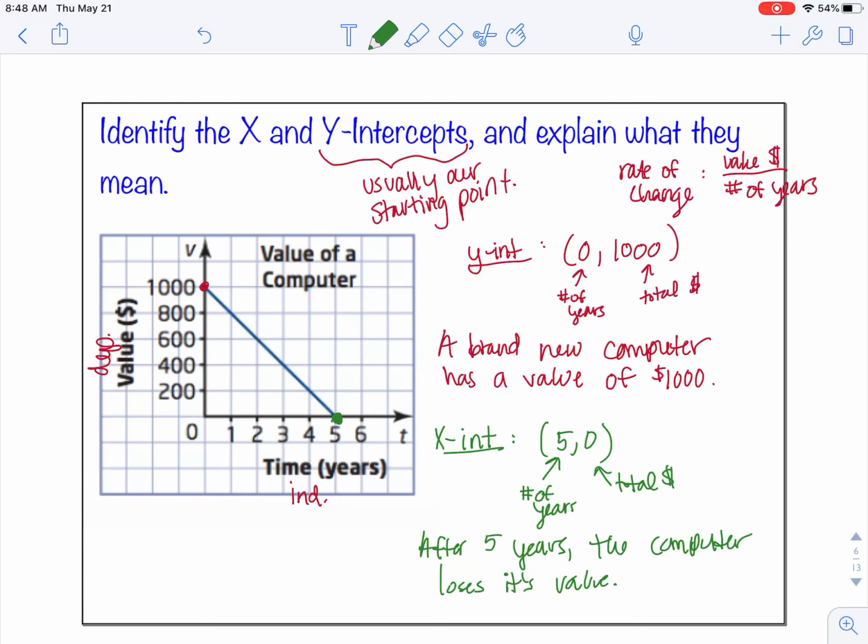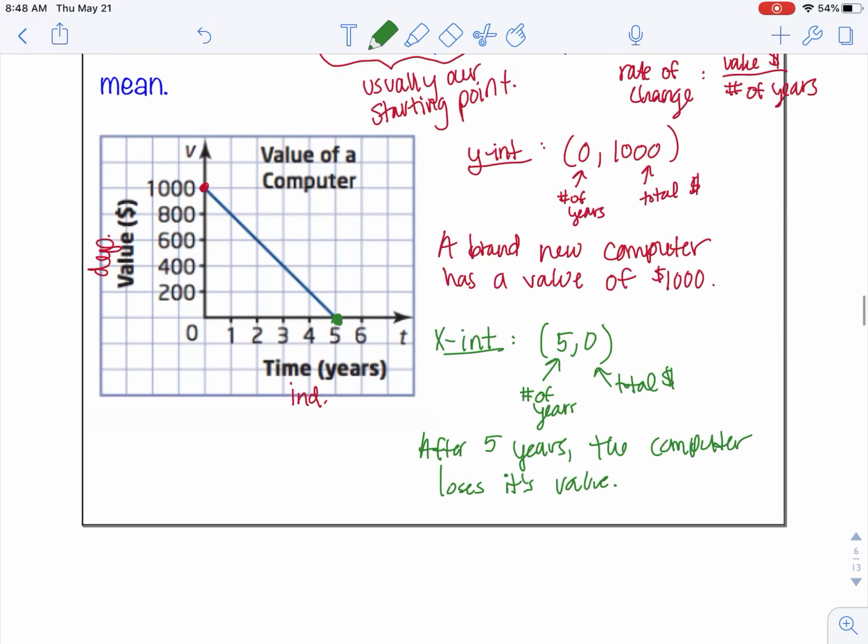Now, we know that we can always find someone somewhere to buy the computer from us, right? If we want to sell it, but we lose its total value. You could never sell it back to the store or etc. Okay, so after 5 years, it loses its total value.